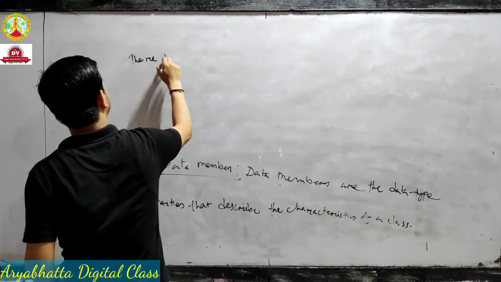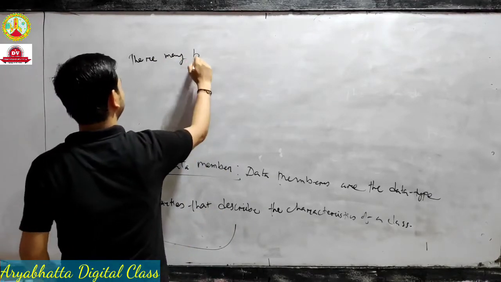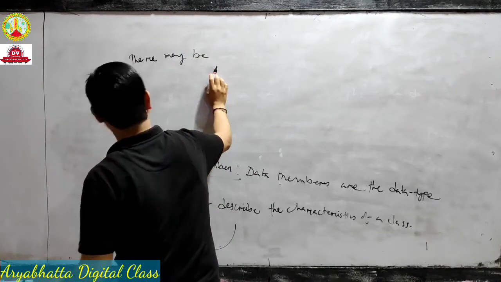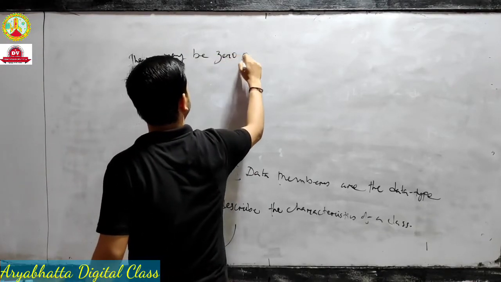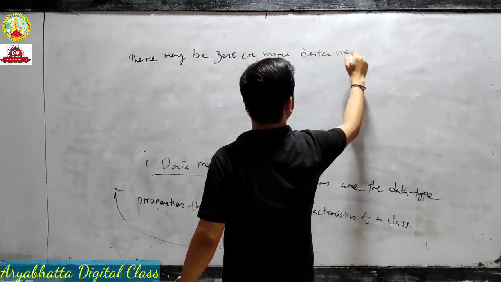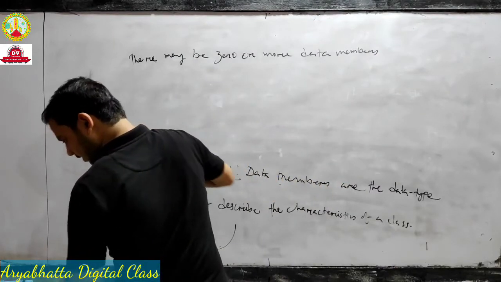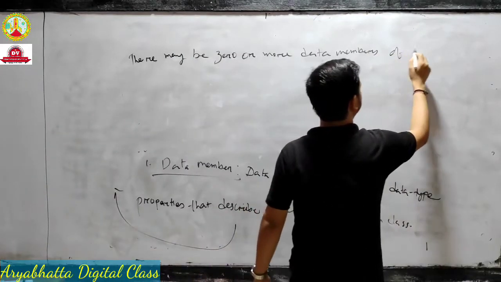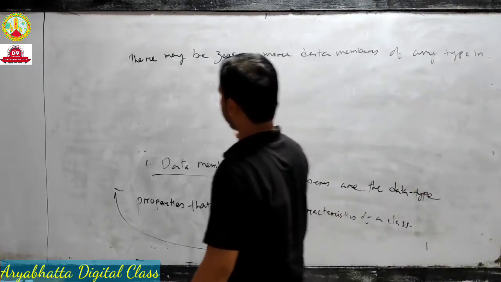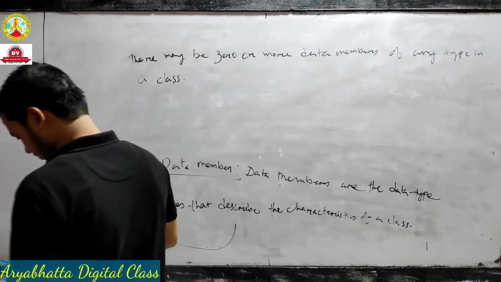After this, write down: there may be 0 or more data members of any type in a class.